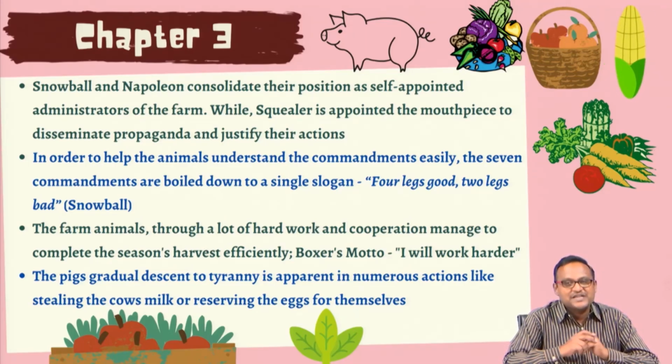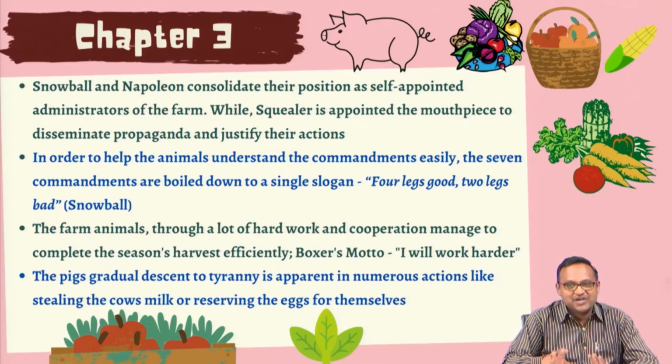Now, what do these pigs do, especially Snowball and Napoleon? Very stealthily they start drinking milk, without letting other animals enjoy it. So, the seeds of corruption have already begun sprouting here. It's very unfortunate, but it begins happening.